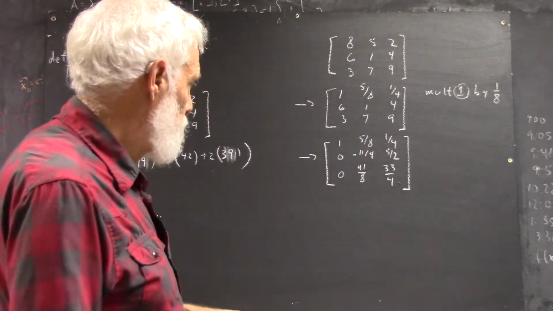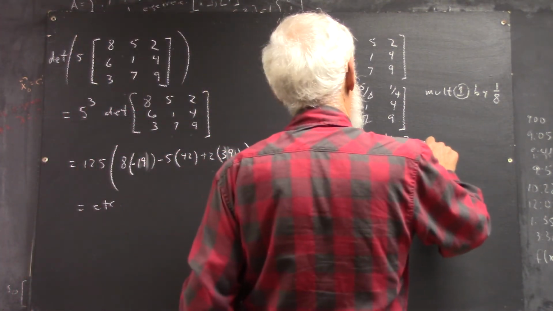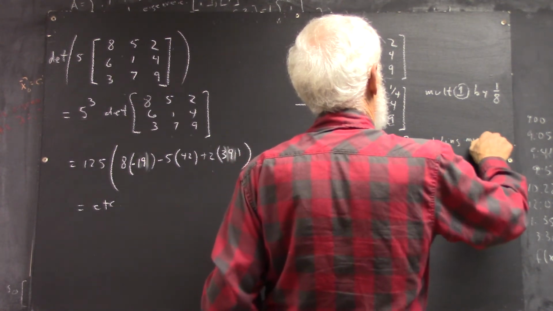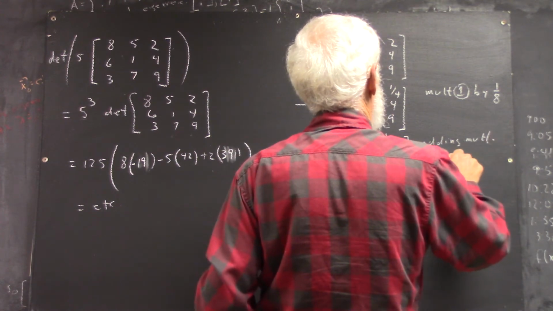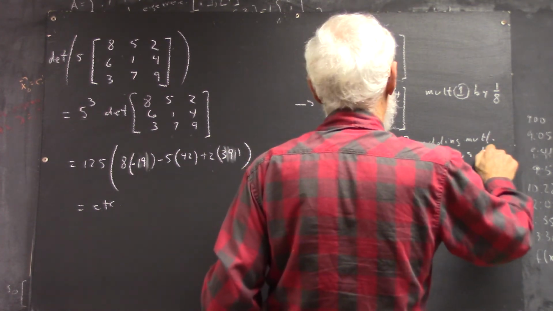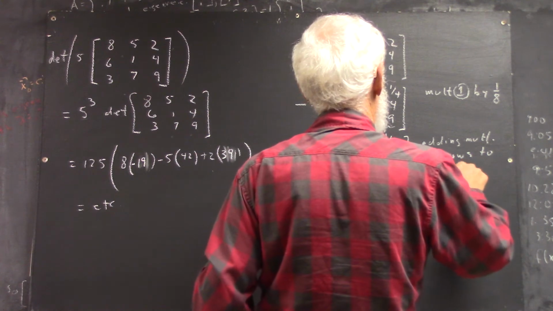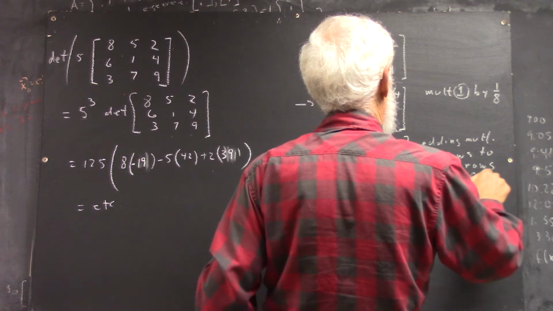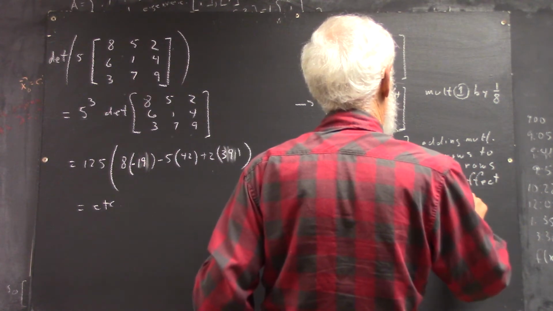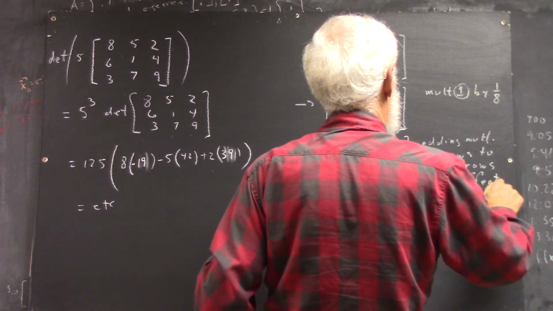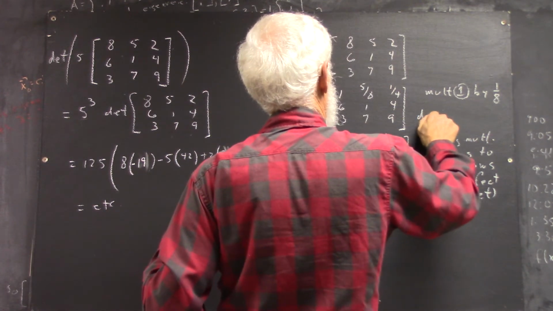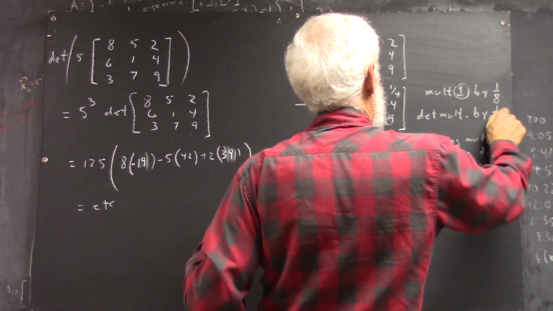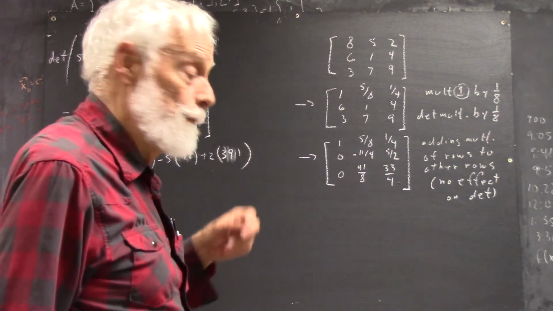That's likely I've already made a mistake, but just adding multiples of rows to other rows. No effect on the determinant, right? Here, the determinant was multiplied by 1/8, right?